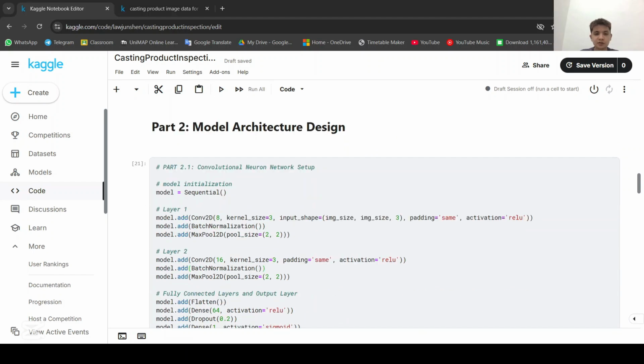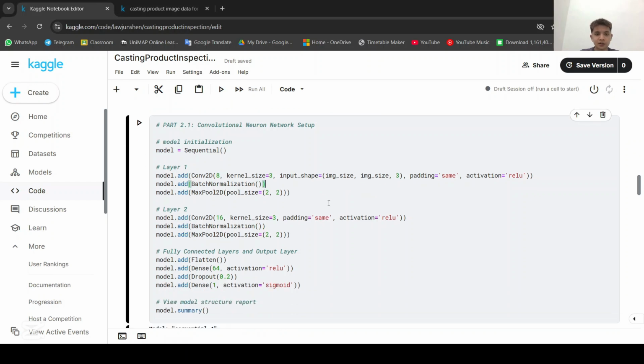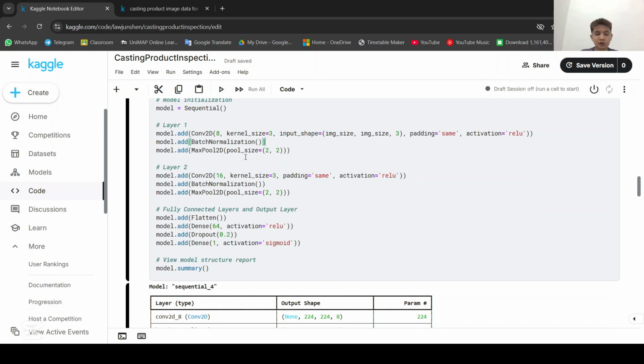Now let us talk about the model architecture design. Part one is about the convolutional neural network setup. We use the Sequential model, and this convolutional neural network consists of two convolution layers, layer one and layer two.